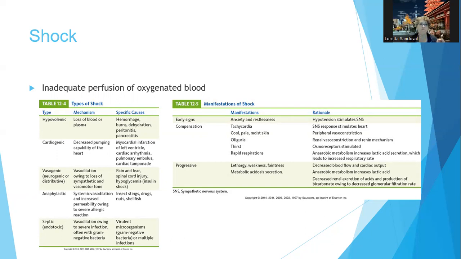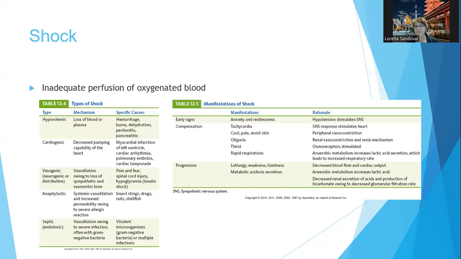Other things can cause shock, inadequate perfusion of oxygenated blood. Hypovolemic shock is caused by loss of blood or plasma. Lots of different things can cause that. Vasogenic shock can be caused by vasodilation as a result of sympathetic response.